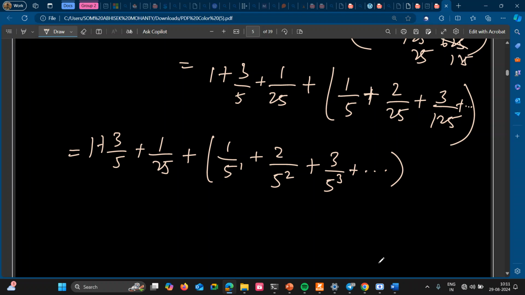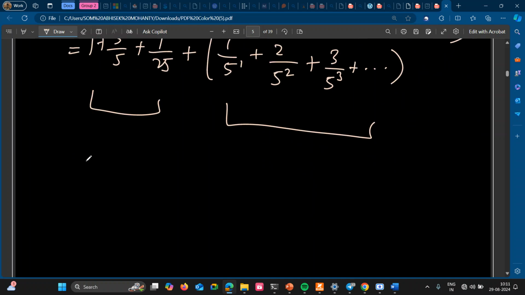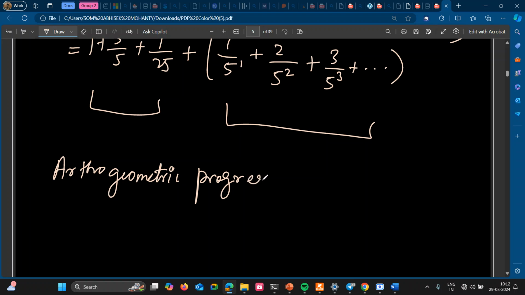Do you know what this is called? This kind of thing. There is another term for it. This is called arithmetico-geometric progression.